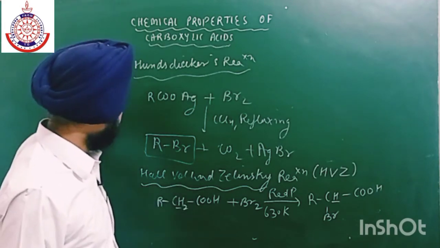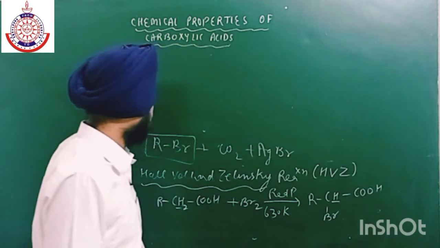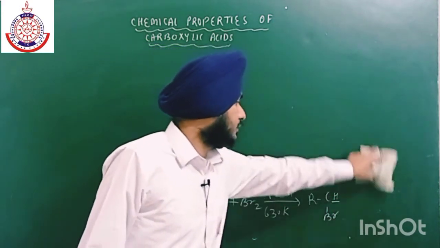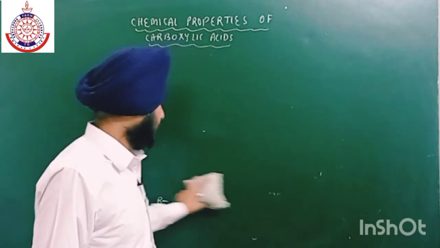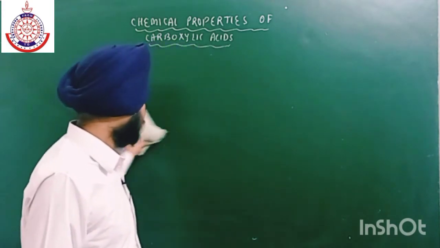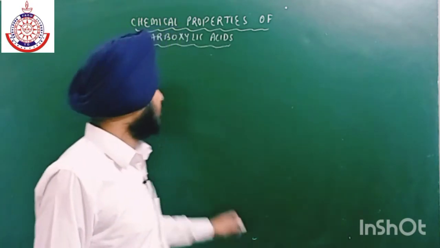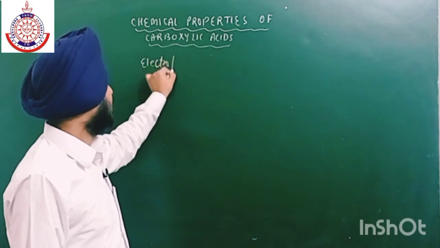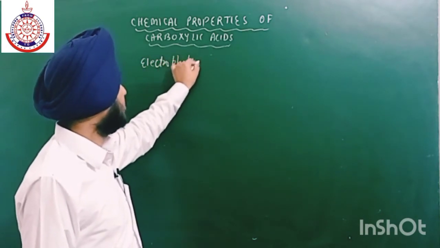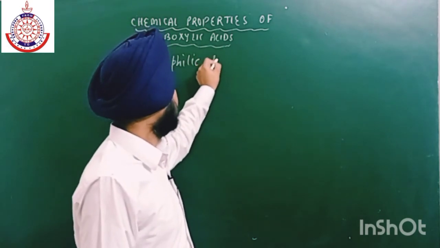Now we are left with only the electrophilic substitution reaction, and there may be one or two more reactions, like the test to distinguish between carboxylic acid and phenol. So electrophilic substitution reaction is very simple, because we all know that this COOH group is electron withdrawing in nature, so it is meta directing.